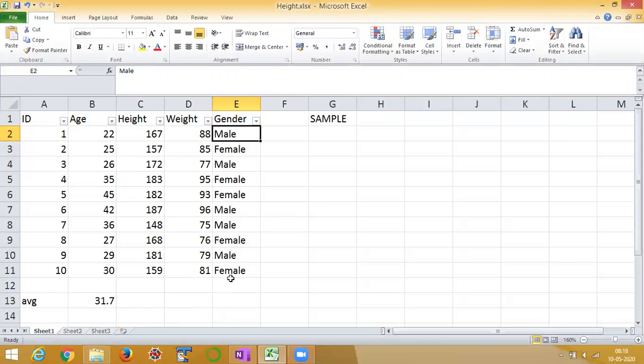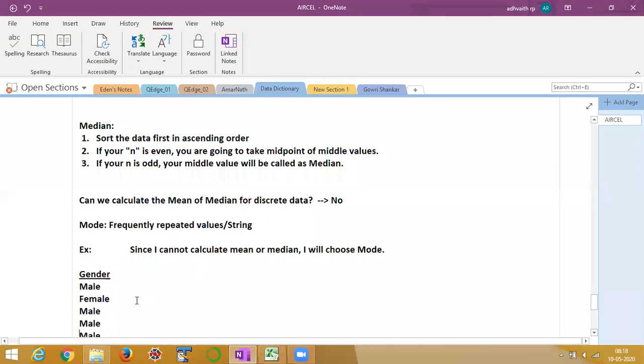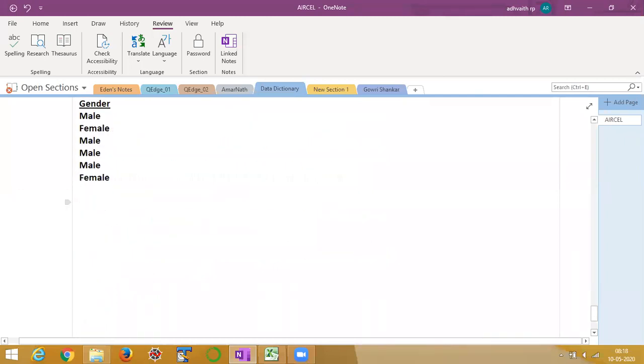If your discrete data contains the same frequency, then I will call it bimode.